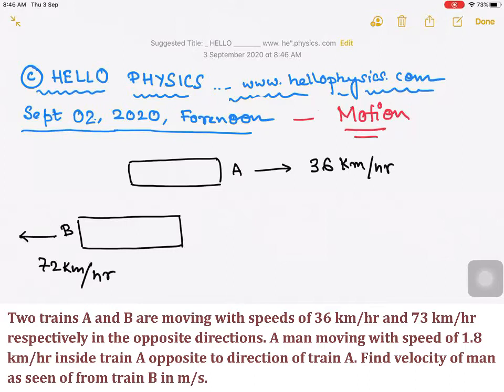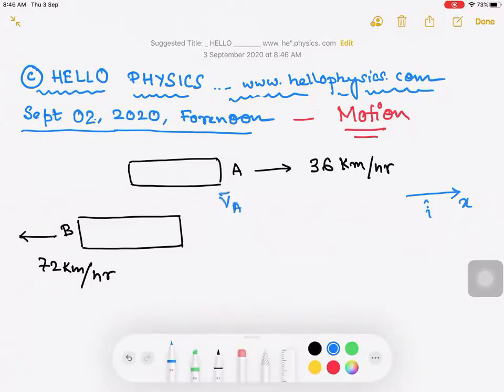Now, in these motion problems, I always prefer writing these velocities in terms of unit vectors. So if I take the rightward direction as the x-axis, the unit vector in this direction is i cap. I can write velocity of A is equal to 36 i cap.